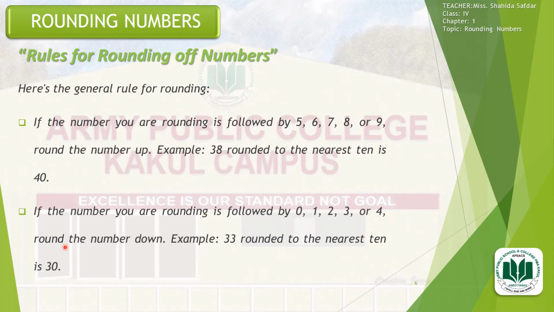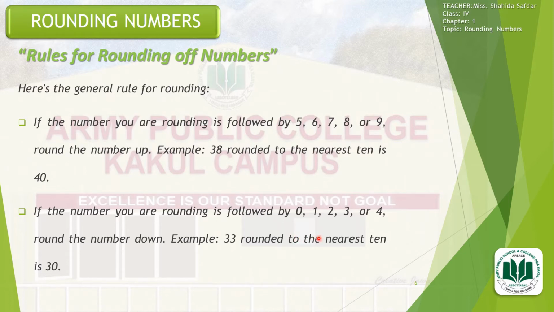Similarly, rule number 2 is if the digit next to the place you are rounding is 0, 1, 2, 3 or 4, round the number down. For example, 33 rounded to the nearest 10 is 30.